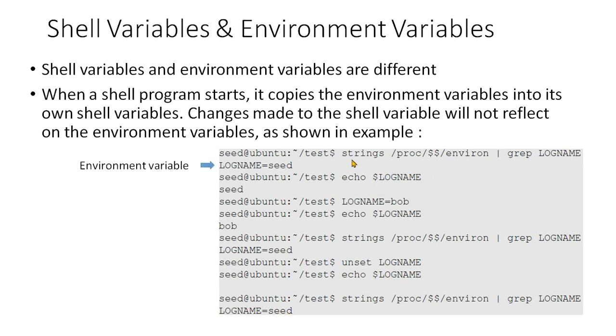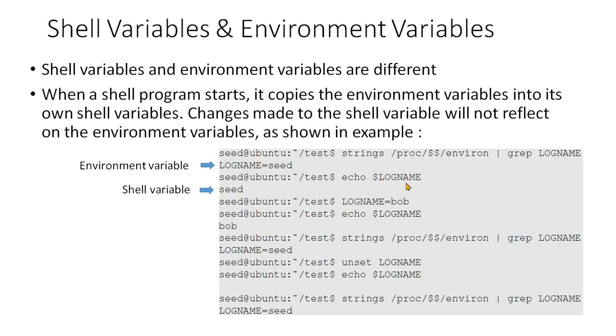The difference is that when we run this command, we see the environment variables of the current process. So its LOGNAME is seed. This is an environment variable. But this LOGNAME is not an environment variable, it's just a shell variable. So this value seed is the same as the environment variable, but it is a shell variable.